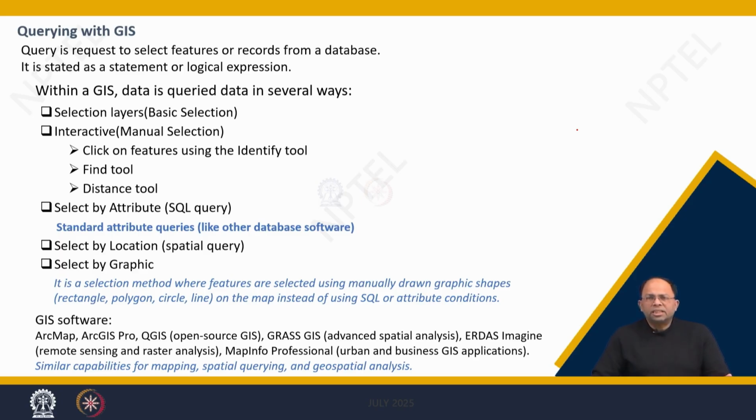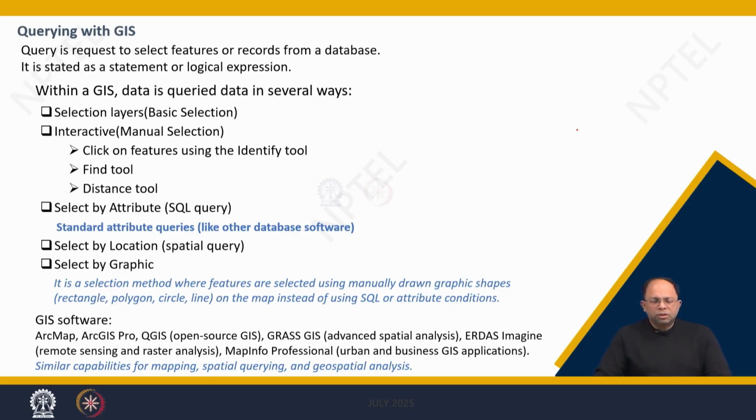Then there could be selection by attributes, which is where we type in a SQL query, or in this particular case, because GIS software has become very interactive, we can just pick different criteria and set the criteria to create that query. Once we set up those queries, we can also get an output from the data that we want.